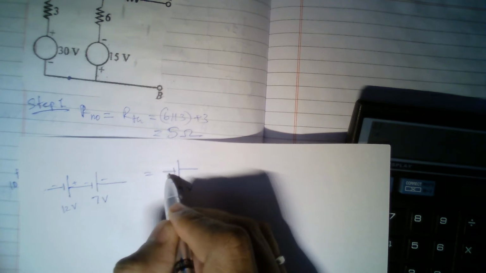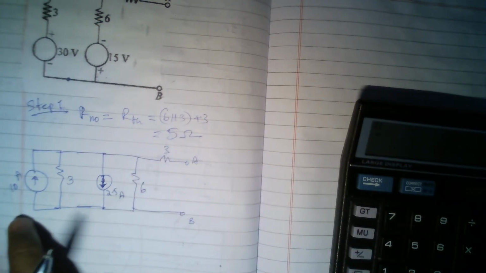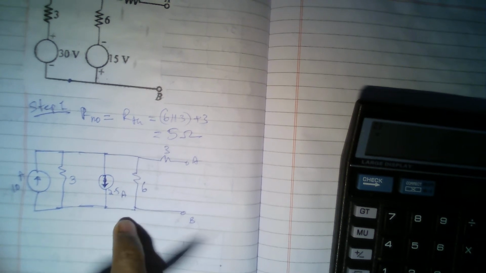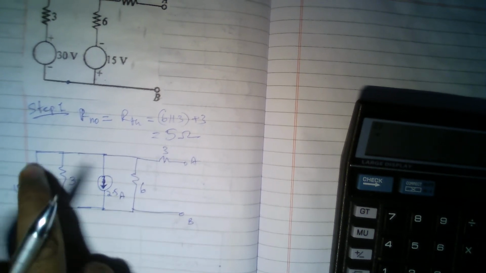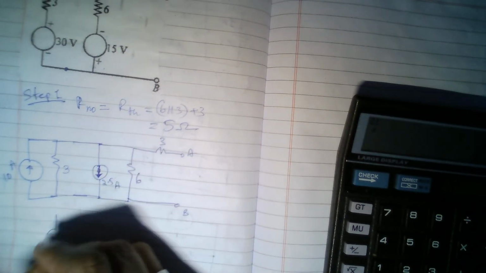Or if they are opposing, 12 minus 7 is 5, so a 5 volt source. You can add or subtract depending on the direction of voltage sources in series. In a similar way, if there are current sources in parallel, you can combine them by adding or subtracting. So 10 is going up, 2.5 is coming down. If you merge these two, I get a single equivalent current source of 7.5 amperes going upwards.